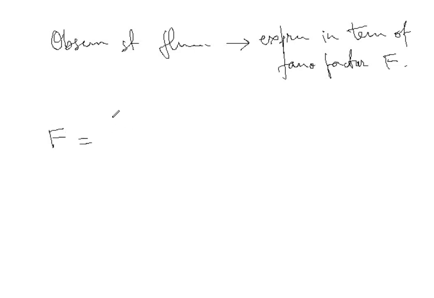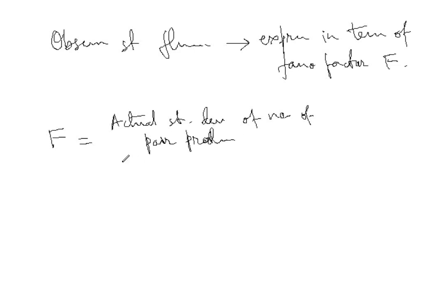This is basically the actual standard deviation of the number of electron hole pairs produced, divided by the number of pairs produced.